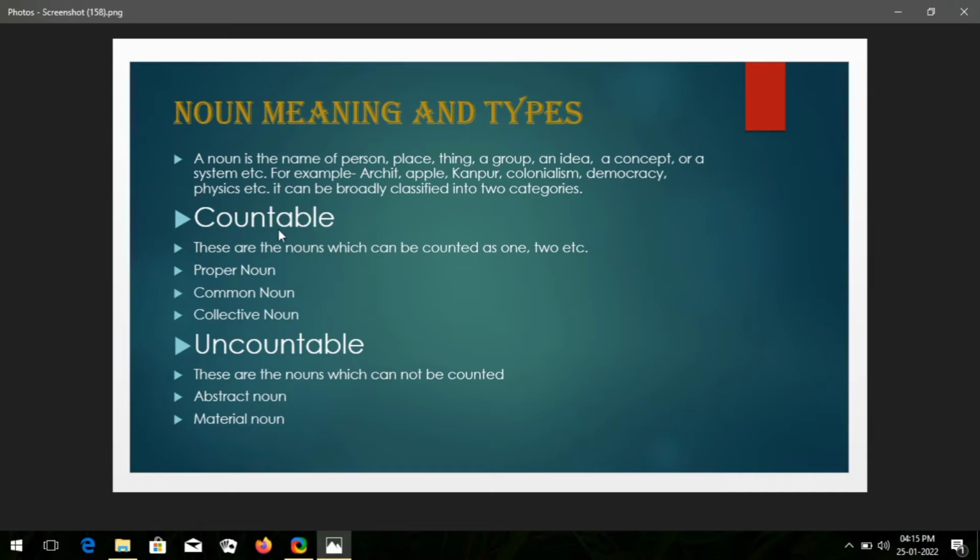The first one is countable noun and the second one is uncountable noun. I hope you must be getting, students. If you talk about the countable noun, then there are three main categories: first proper, then common, then collective noun. And in case of uncountable noun, there are two major categories: abstract noun and material noun. Let's move on to the next slide.